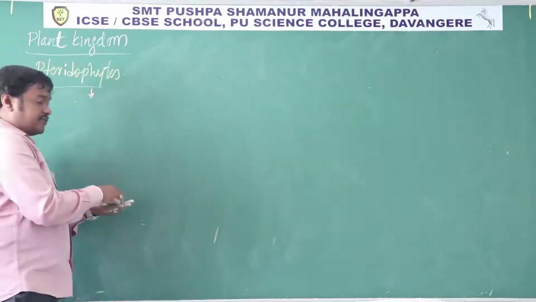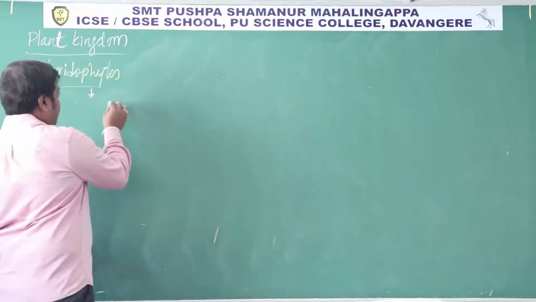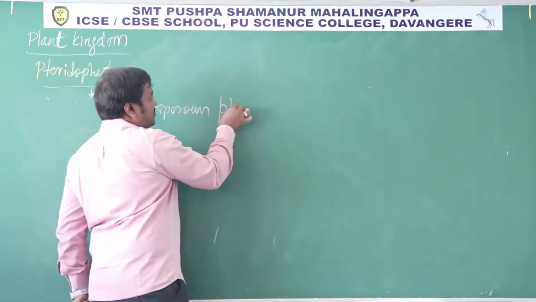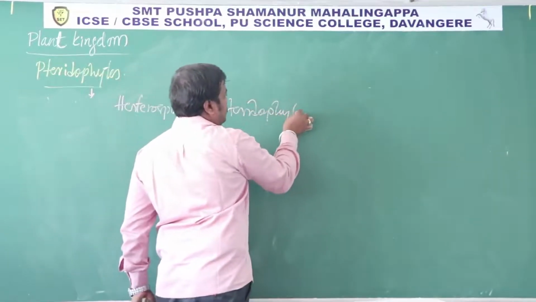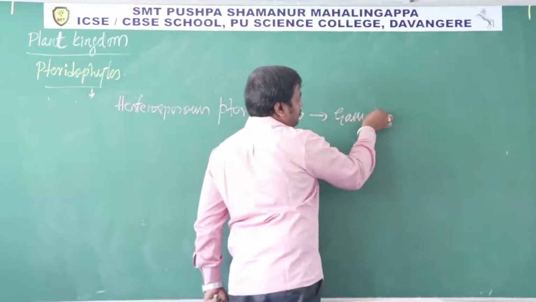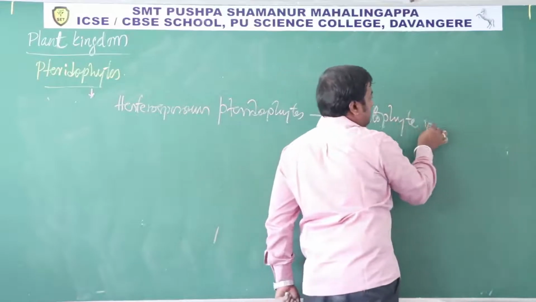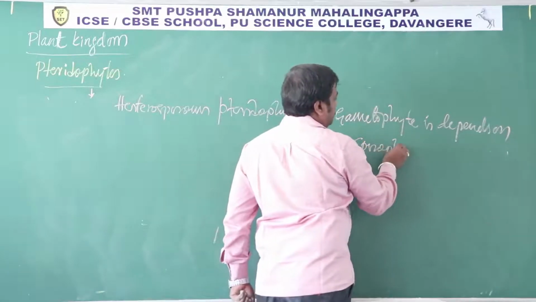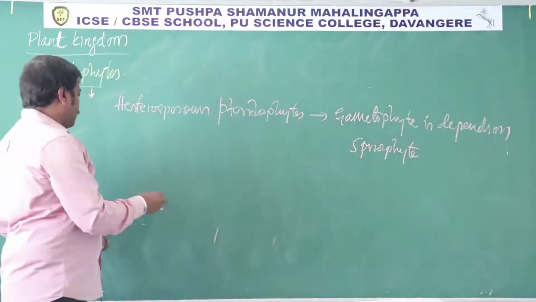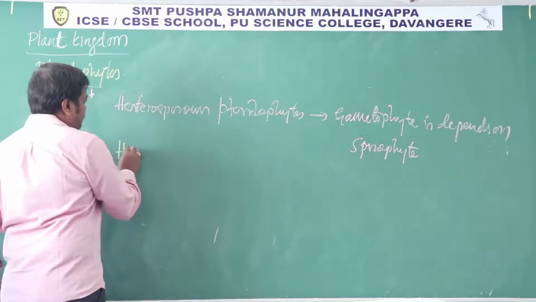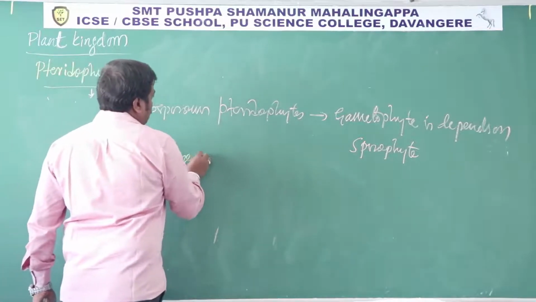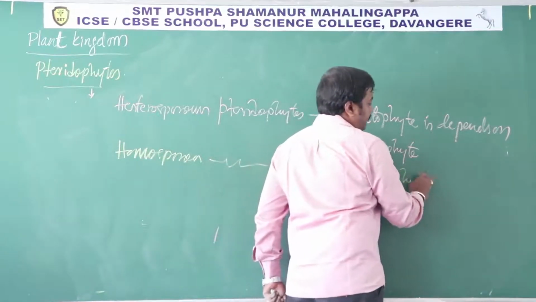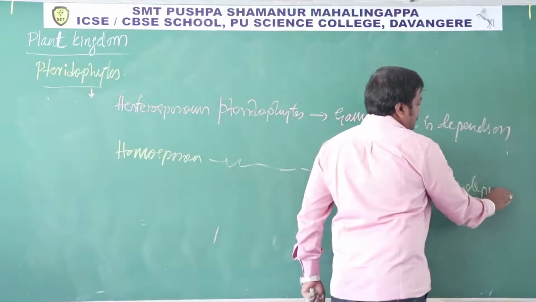As we discussed, in heterosporous pteridophytes the gametophyte depends on the sporophyte, whereas in homosporous pteridophytes the gametophyte is independent.